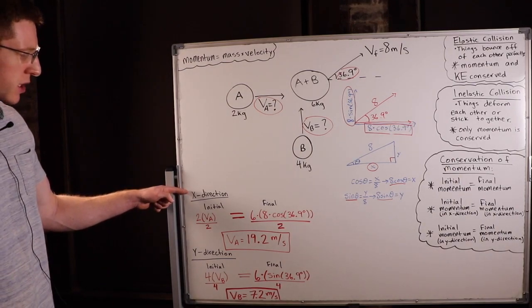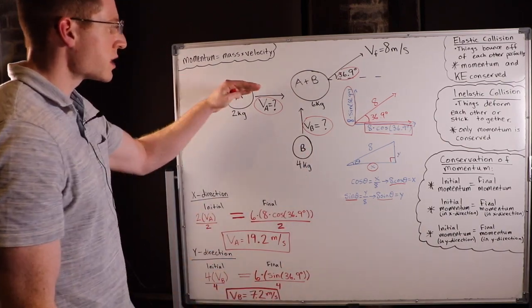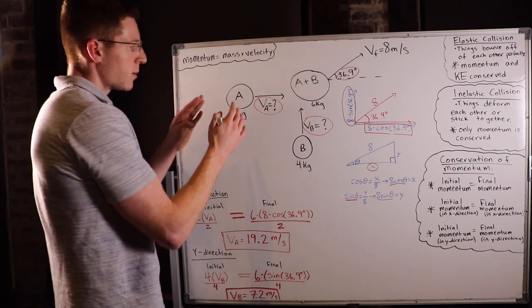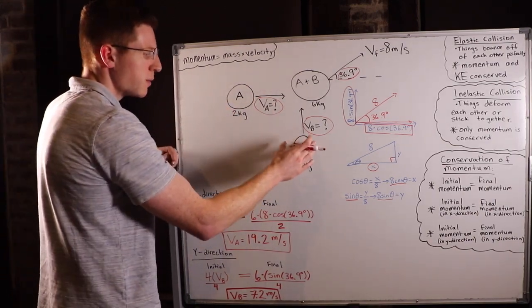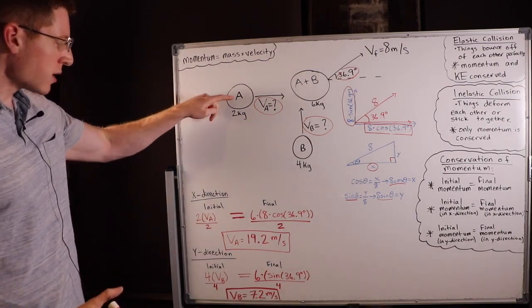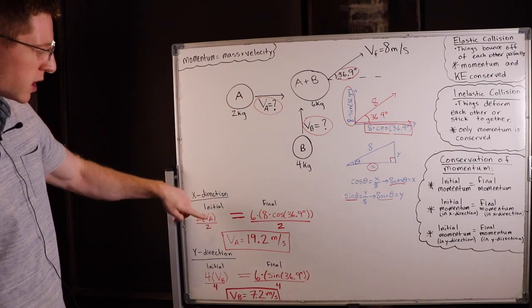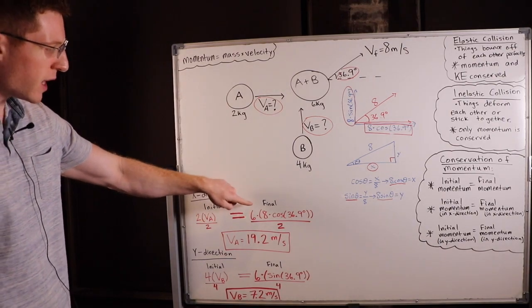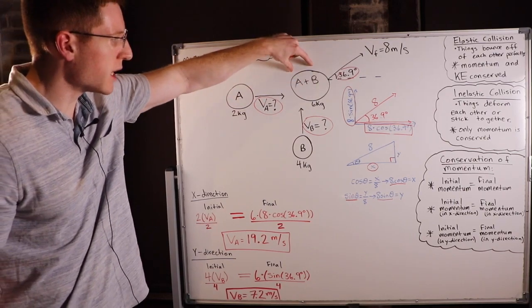So in the x direction, initially we just had A and B, right? And x was the only thing that we're worried about, and A is the only thing that had any x movement. B had no x movement, so we don't need to consider it. So A was 2 kilograms, and we want to know its velocity, so we'll keep that as a variable. And then the final x momentum we know is this final combination mass.